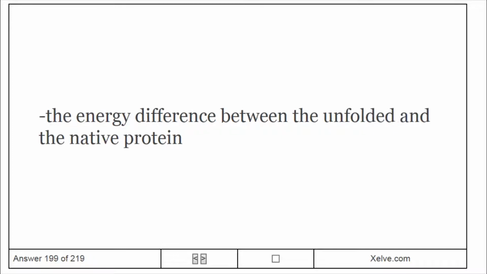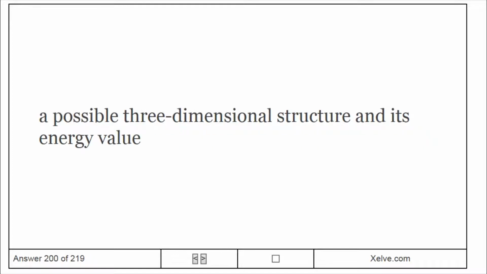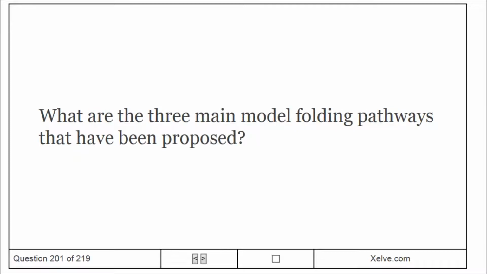What does the depth of the funnel represent? The energy difference between the unfolded and the native protein. What does each point on the surface represent? A possible three-dimensional structure and its energy value.